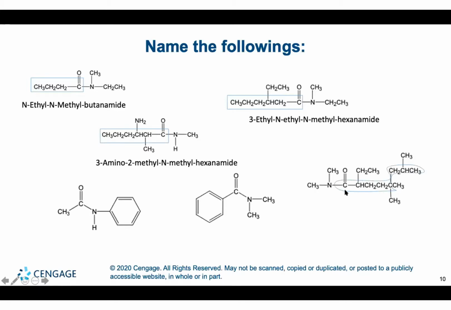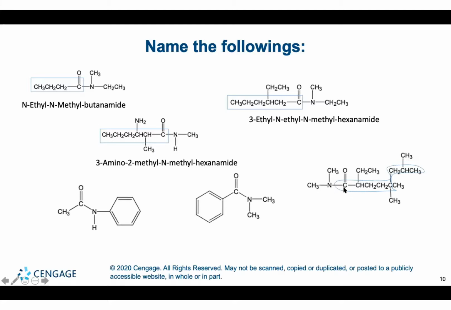Here we have an amide functional group. We have a carbonyl directly attached to nitrogen. Pay attention, guys, it doesn't matter whether the nitrogen is on the right side or the left side. As long as you have a carbonyl group and N, you have an amide functional group.